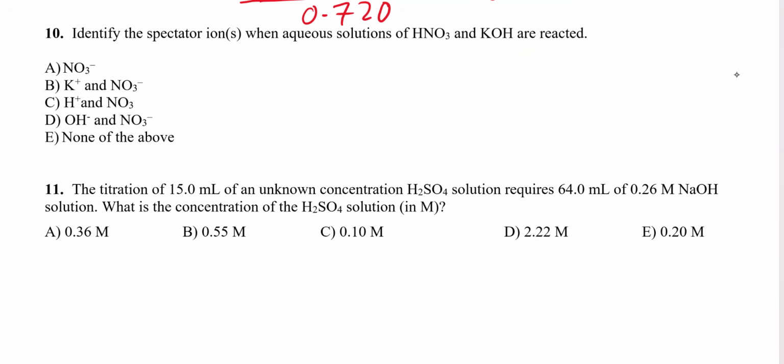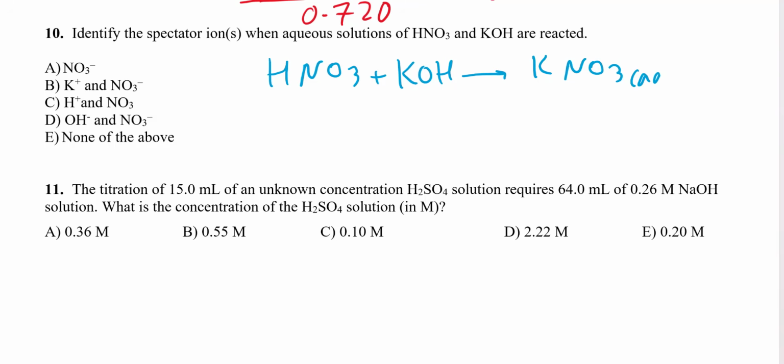In question 10, we would like to find the spectator ions when we have a reaction of nitric acid and potassium hydroxide. So the reaction of nitric acid and potassium hydroxide forms potassium nitrate, which is aqueous, and water. We know nitric acid and potassium hydroxide are both strong, so the net ionic equation is this equation.